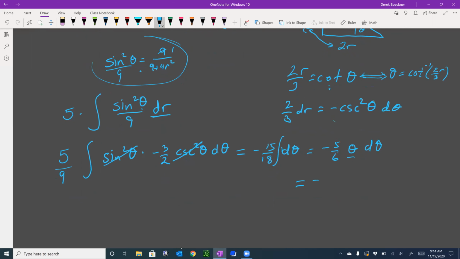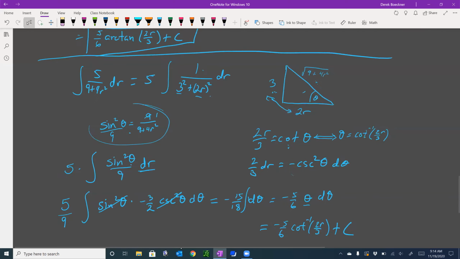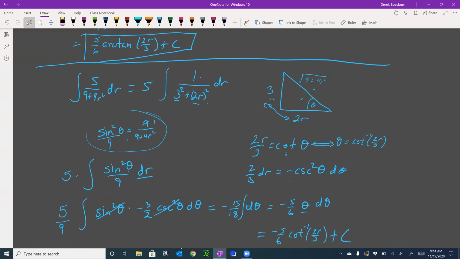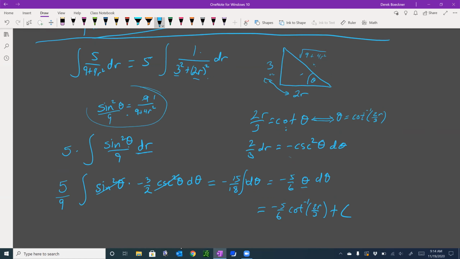Okay, so this is equal to minus 5/6 cotangent inverse of 2r over 3 plus a constant. Well, we had that it was positive 5/6 arctangent. Well, arctangent and negative cotangent differ by a minus sign and a constant, right? Yeah. And so this is the exact same expression we had before. If you had relabeled, if you switched these sides of the triangle, you'd be working with the sine. You'd end up with the tangent instead of the cotangent.